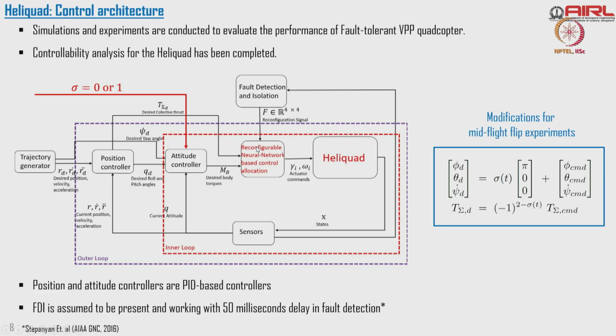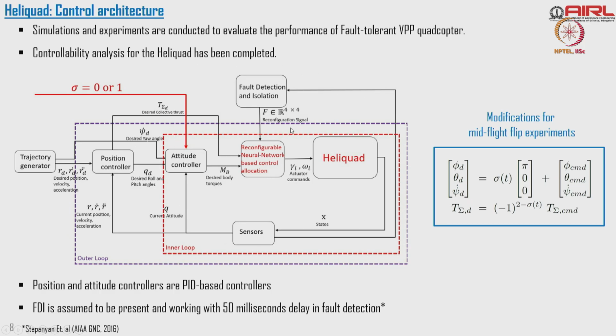For a given thrust and torque, I need to know what is going to be the pitch of the propeller and what's going to be the RPM of the propeller. I want to get that data. So I have an inverse approximation, which I am doing here, which will also take the failure into account. Based on that it will tell you which motor has to run at what pitch angle and what RPM. So that calculation will take place.